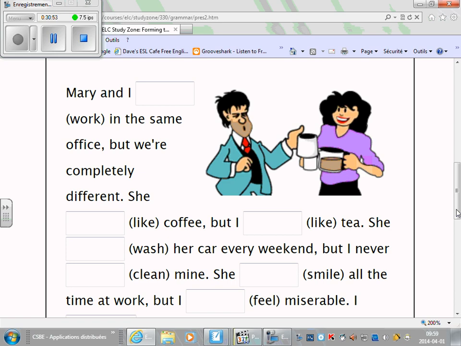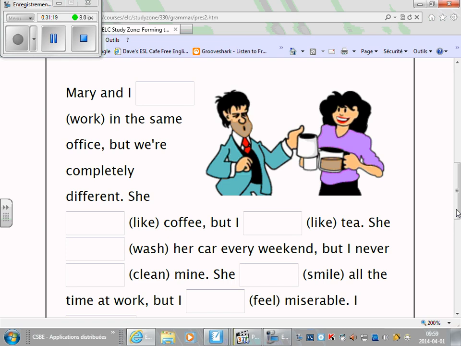So now you have to choose which one, simple present or present progressive, and you have to conjugate your verb right. Mary and I, verb to work, in the same office. What is it? Right now, or is it personal information? Is it a habit? What is it?